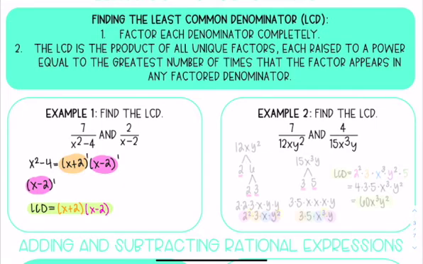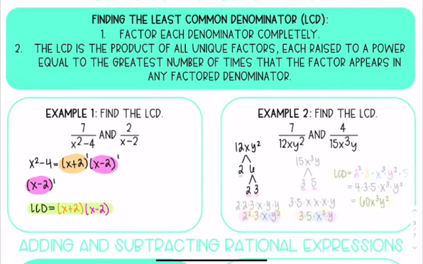Let's go ahead and try another one. We want to find the LCD using the denominators of 12xy squared and 15x cubed y. So we need to break this apart. I'm going to use a factor tree so that I can break down 12 as much as possible. So 12 can be broken down into 2 and 6, and 6 can be broken down into 2 and 3.